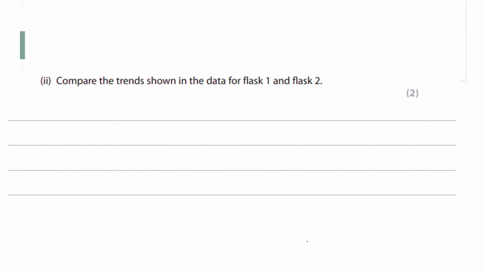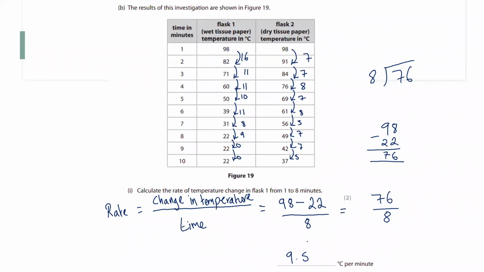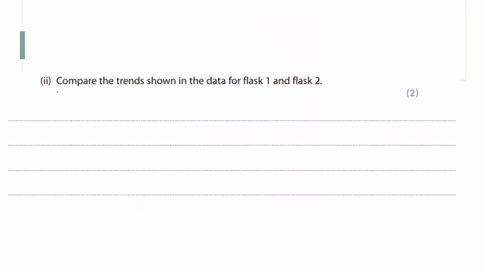So compare the trends shown in the data for flask 1 and flask 2. So trends has got 2 marks there. Okay, so that's why I was saying to have a look at it quite carefully. So let's go back a moment. We annotated it. So overall, flask 1 cools down faster than flask 2.